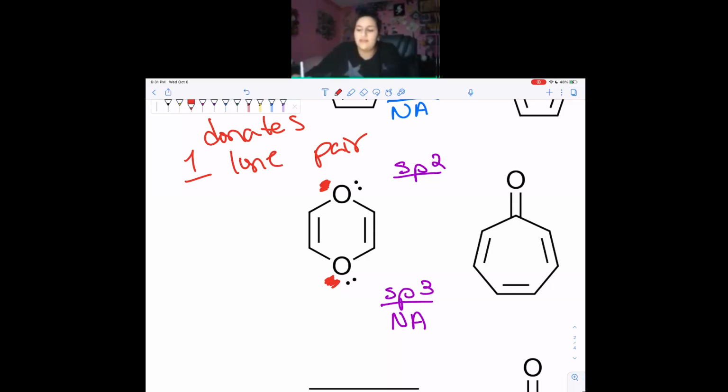If it's sp2, each one donates 2 electrons. So I'll just write that down. 2 electrons each. And as a total, we would get 2, 4, 6, 8.